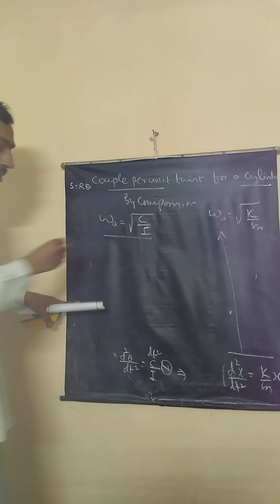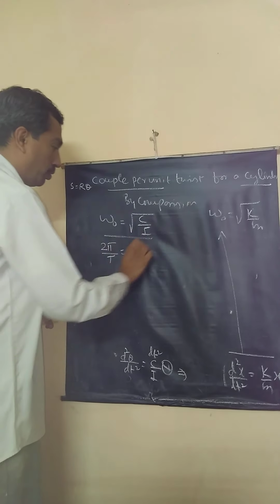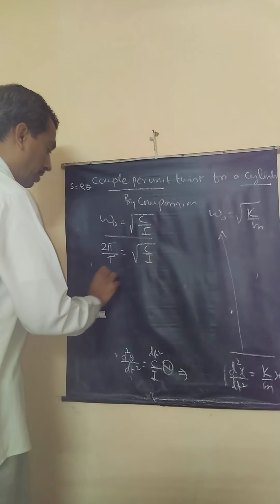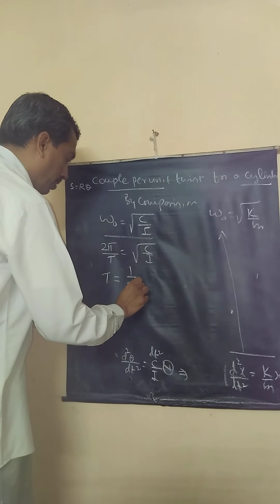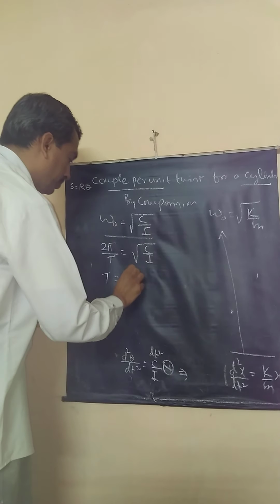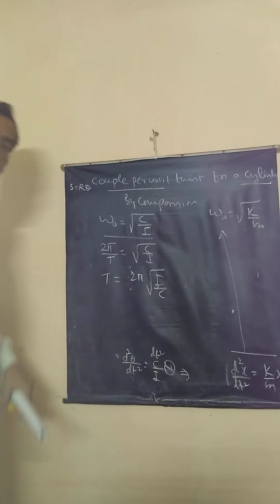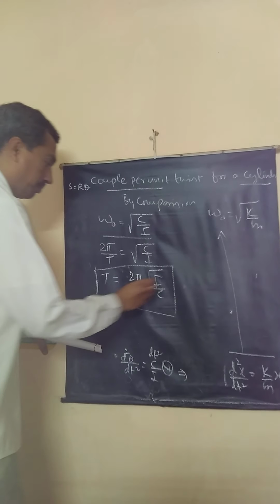What is resonant frequency? 2 pi f or 2 pi by T is equal to root of c by I, or T is equal to 2 pi root I by c. Correct?